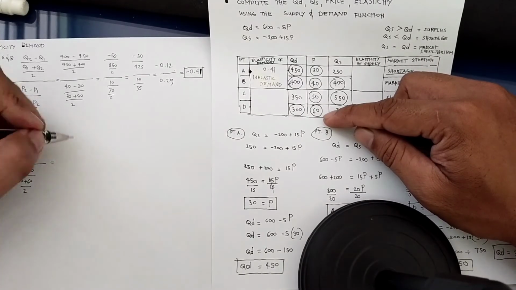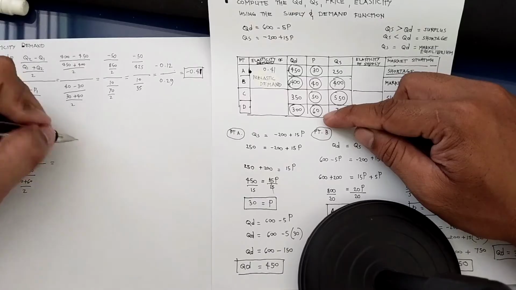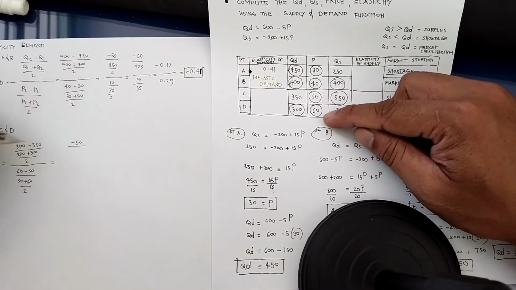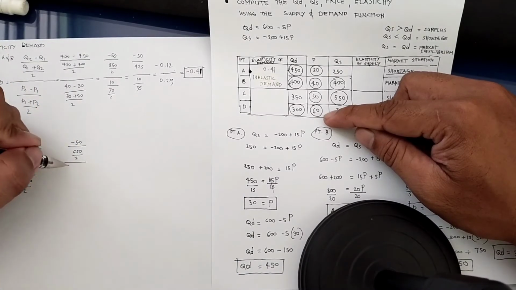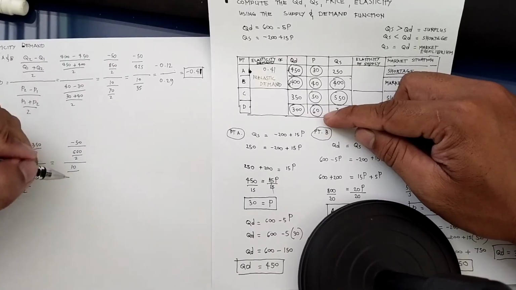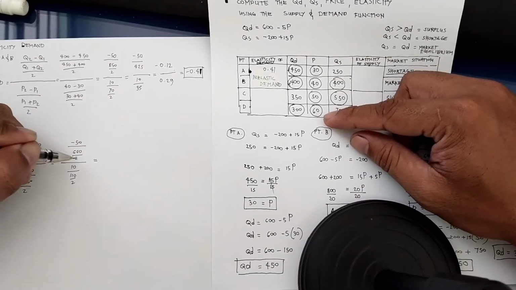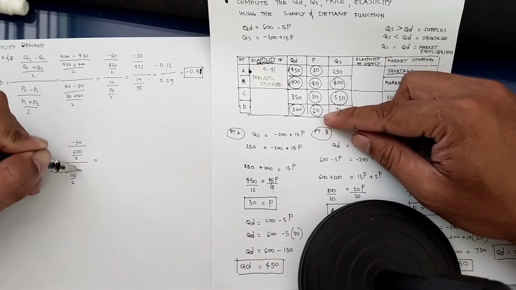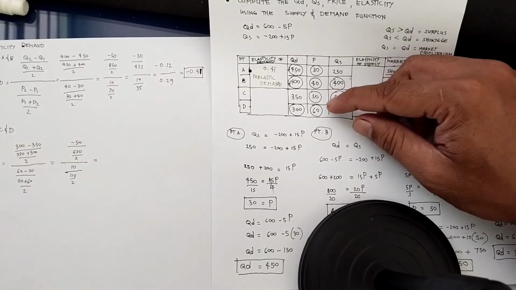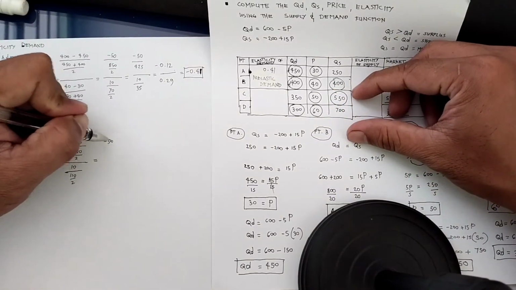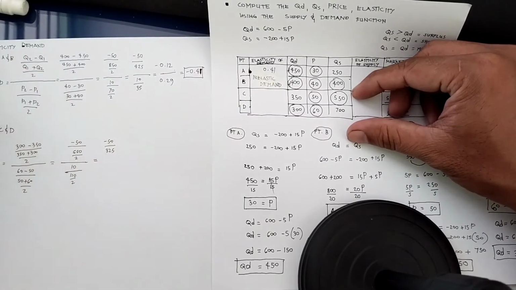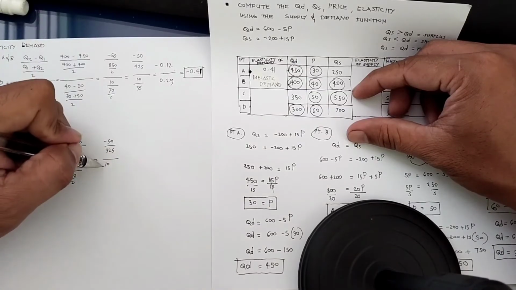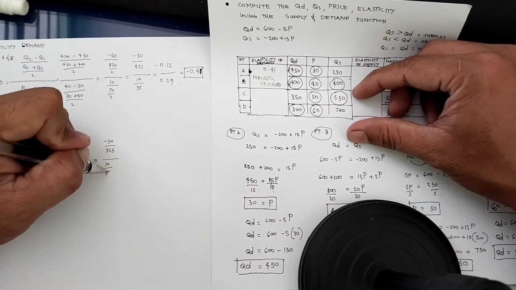So that equals 300 minus 350, that would be negative 50, over 650 over 2, over 10 over 110 over 2. So 110 divided by 2 is 55, and 650 divided by 2 is 325.